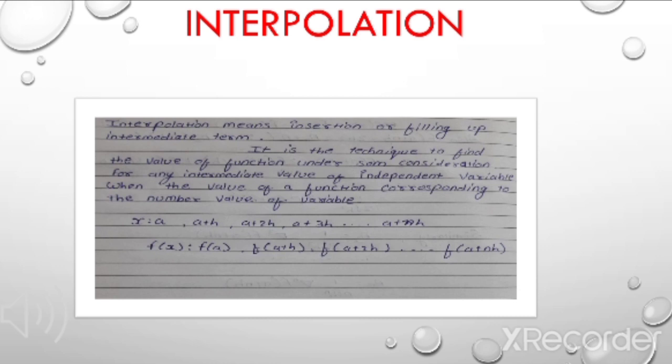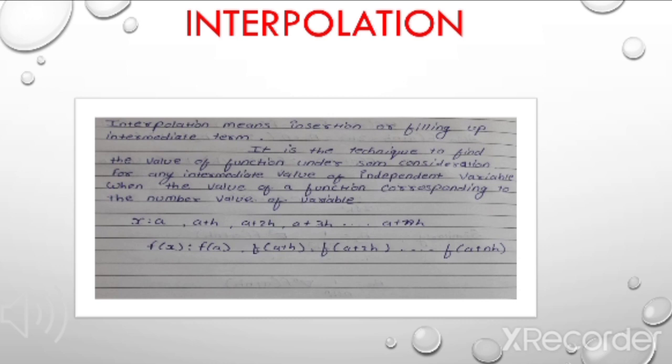Now, suppose we consider a function and terms x such that a, a plus h, a plus 2h, a plus 3h, up to a plus nh, with corresponding values f of a, f of a plus h, f of a plus 2h, up to f of a plus nh.